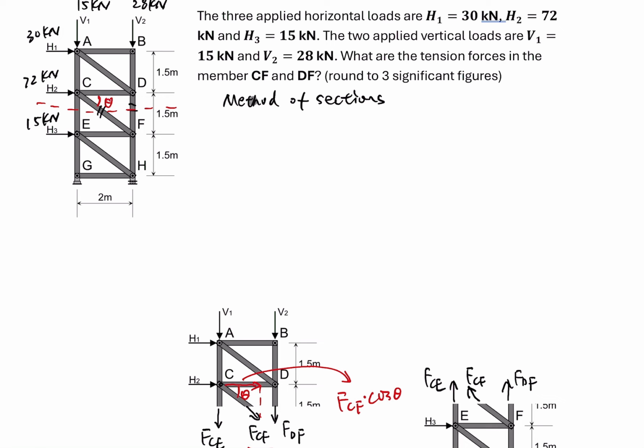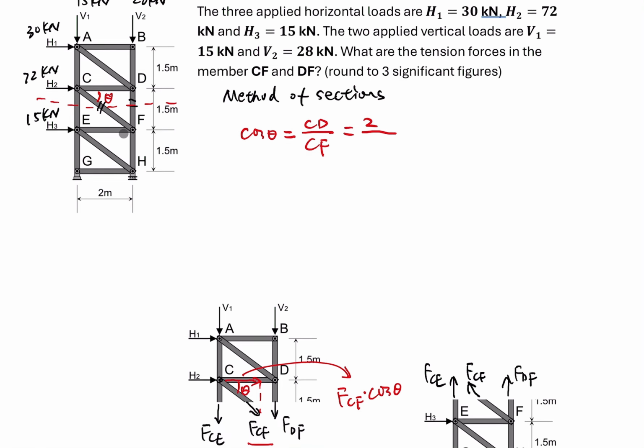Cosine theta is equal to CD over CF. Look at here, CD is 2 meters. And CF, in this red triangle, we know CD, we know DF, and CF can be calculated as the square root of 2 squared plus 1.5 squared, which is 2.5. So cosine theta is 2 over 2.5, which is 0.8.